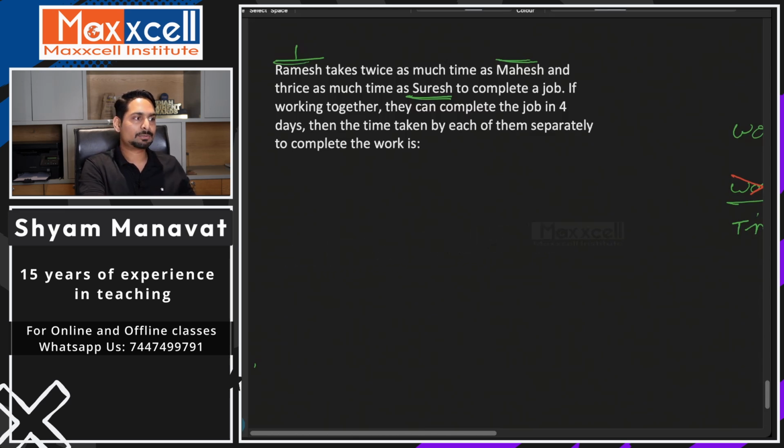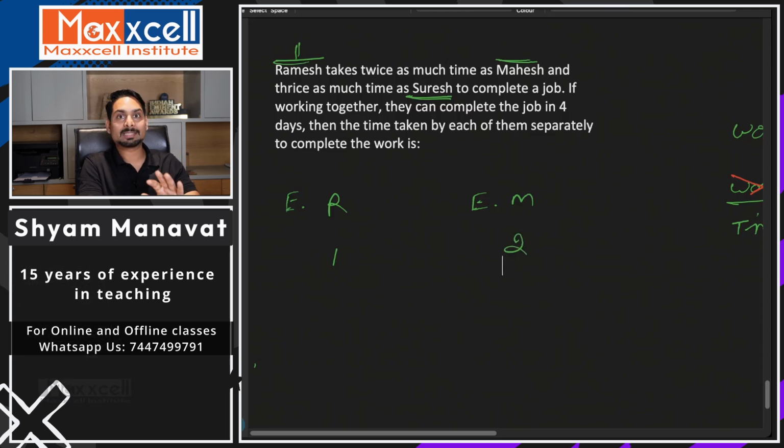So if I assume Ramesh's efficiency is 1, now Ramesh is taking twice as much time as Mahesh. That means if I relate the efficiency of Ramesh and the efficiency of Mahesh, if the efficiency of Ramesh is 1, then the efficiency of Mahesh should be 2.